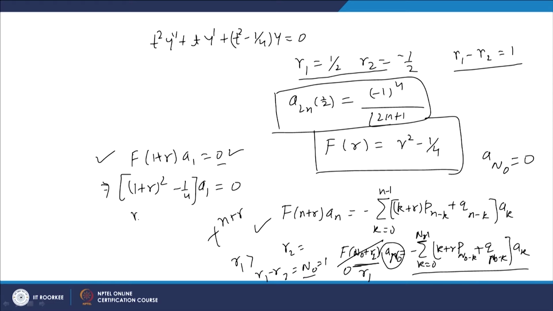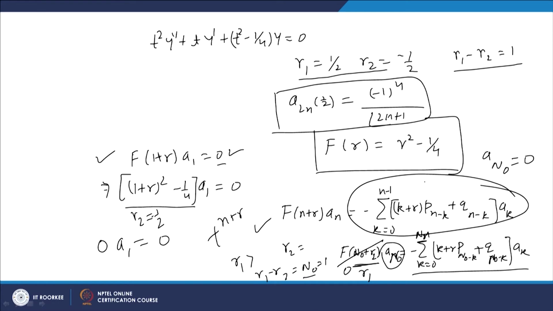Now, if you put r2 as minus 1/2, it is automatically 0, so 0 times a1 equal to 0. So I can take any value of a1, and in particular I am taking a1 as 0. It means that we have the second series solution in the Frobenius form.